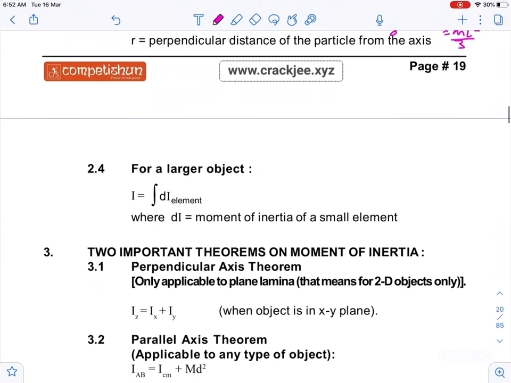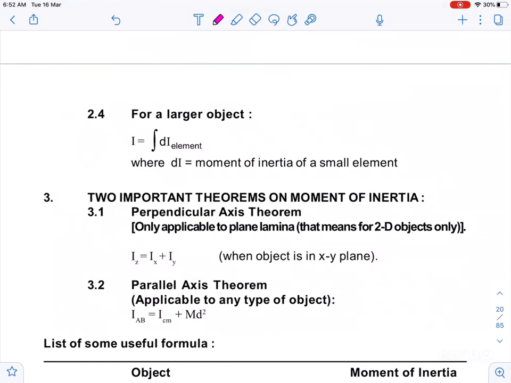But if you have to calculate the moment of inertia at the center, passing through the center of mass, that will be ml square by 12. I have written two theorems which are very important: the perpendicular axis theorem and the parallel axis theorem. The perpendicular axis theorem is valid only for planar objects, meaning if the object is in 2 dimensions, then only you can apply it. The parallel axis theorem has no limit, it is applied for any type of body.